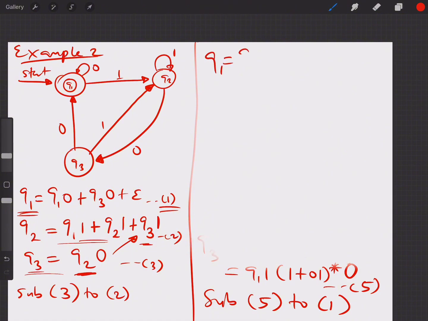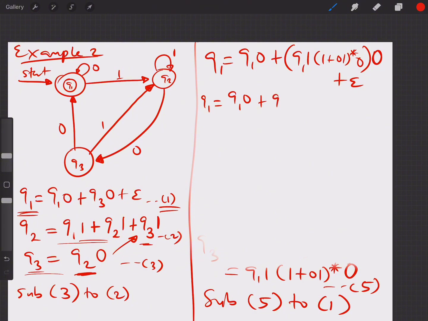Q1 will be equal to Q1 on 0 plus Q1 on 1 plus 0, 1 star 0 with a 0 outside again, plus the empty. Expanding that, we have Q1 on 0 plus Q1 1 plus 0, 1 star, then 0, 0, plus the empty string.